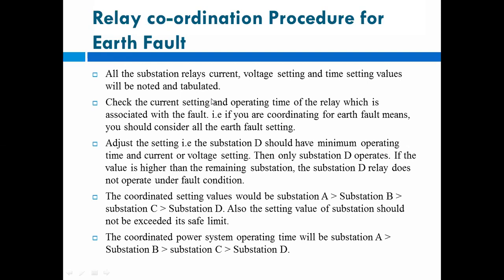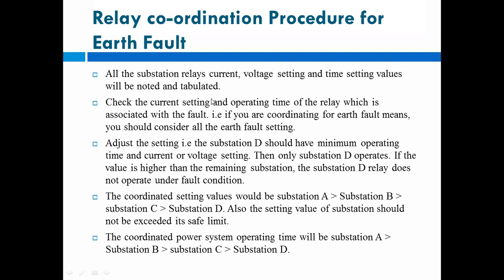Current setting means we are setting the value of current for the relay, that is the pickup current. For that, we are moving the plug position. So that is nothing but your current setting.